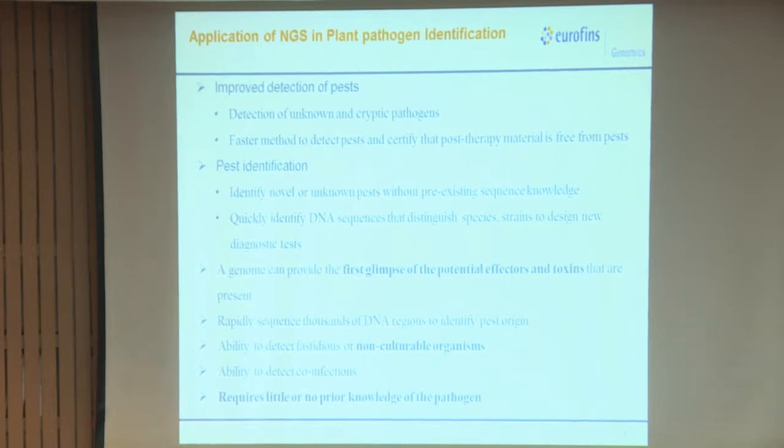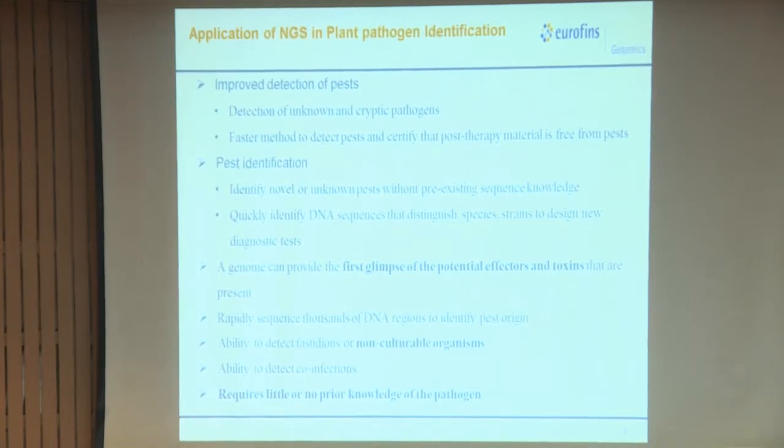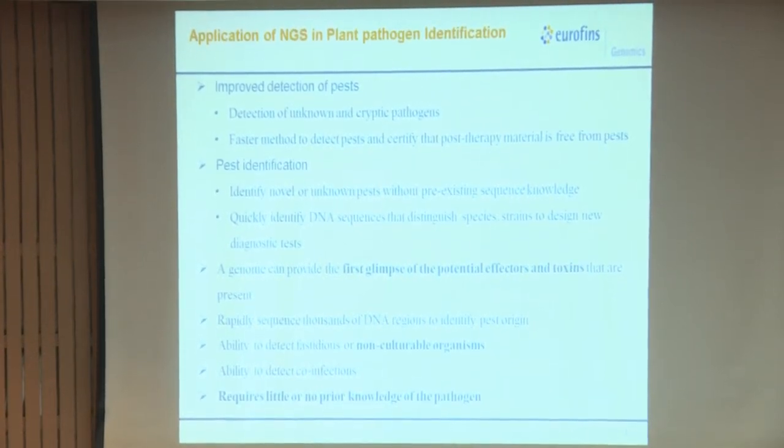We also have, in this case in NGS, we do not have to know the pathogen, or we do not have to know the gene which we are working on. If we do not know, we can go for a de novo, right. So, de novo means I do not have a reference at all and I do a sequencing of it.